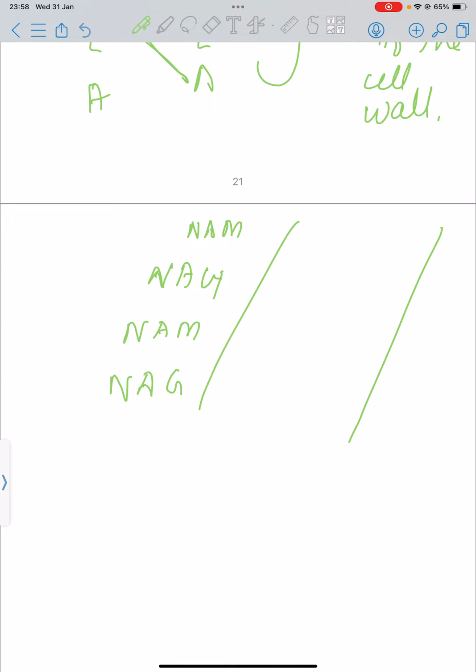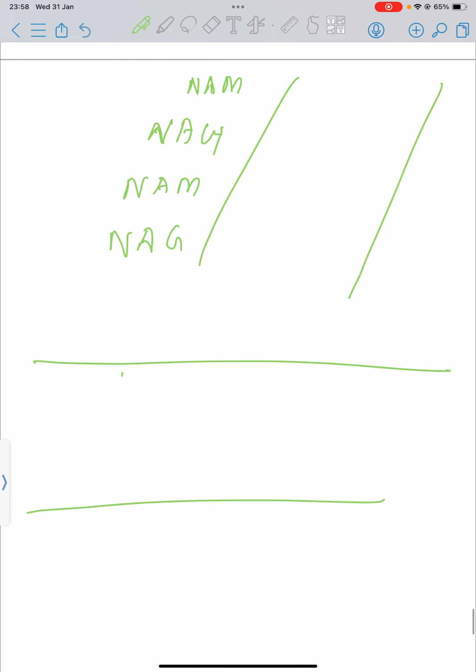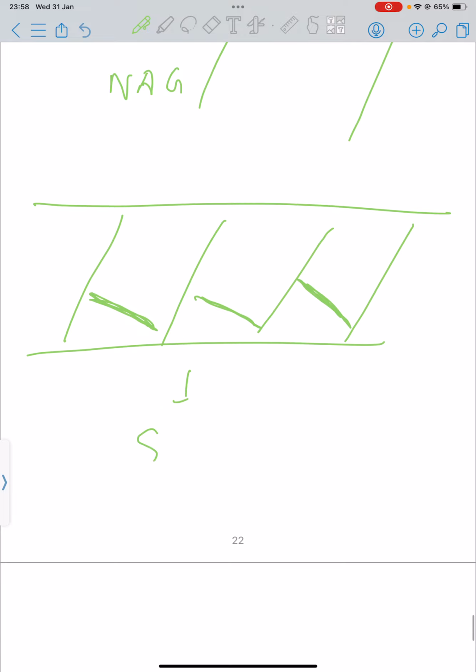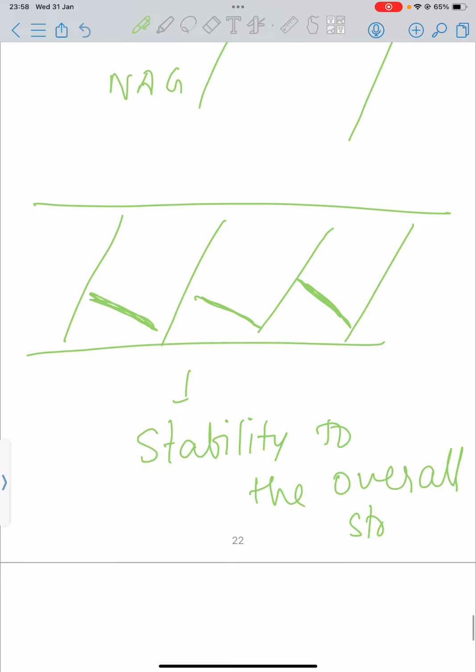For example, if the NAM NAG arrangement was like this only, the structure would be like this, right? But since there is one cross link possible, it provides stability to the overall structure.